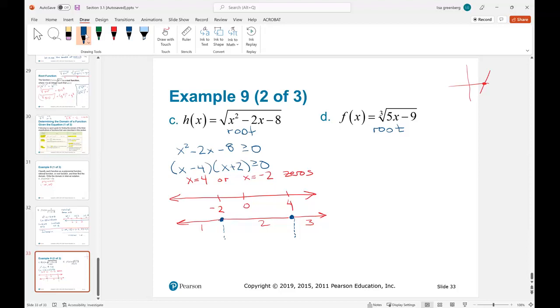Wait, I did something wrong here. Oh, I know it. These are interval 1, interval 2, those are not things on the number line. And interval 3. And this is the number line of the equation. The one above it is just a number line.